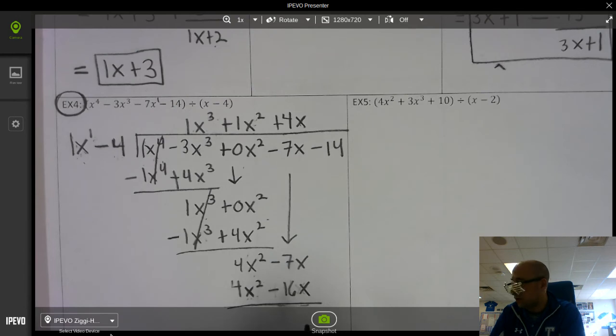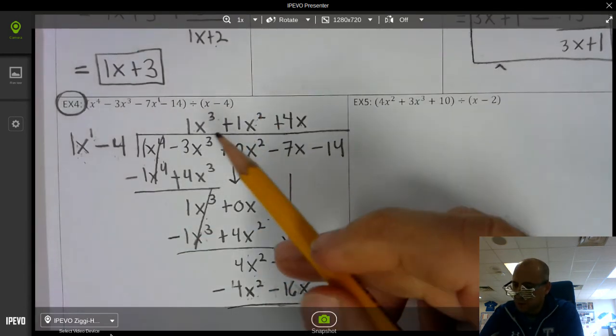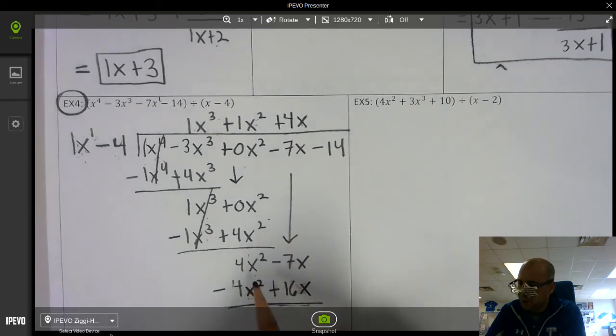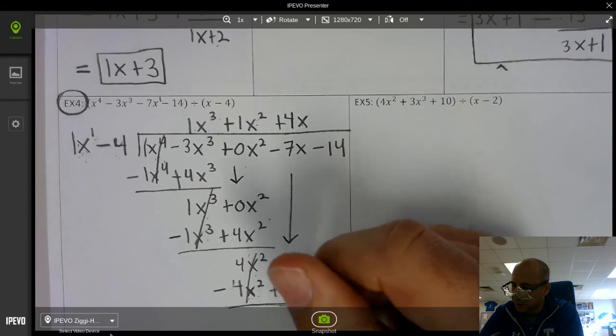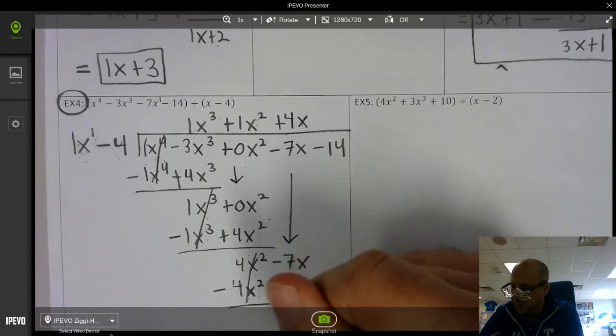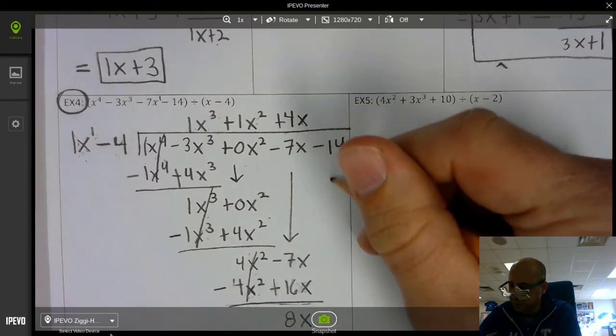All right, so now you subtract. So here, now these cancel. So then that is negative 7x plus 16x is 9x. Okay, now we're into step 4. We bring down.